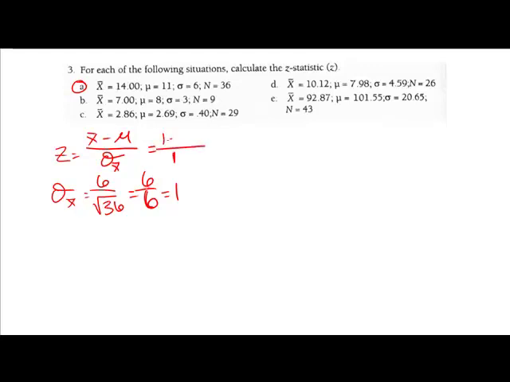X bar is 14.00 minus 11.00 equals 3 divided by 1 equals 3. So Z equals 3. Okay. Same steps for each one, no matter what it is. Start with my original equation.